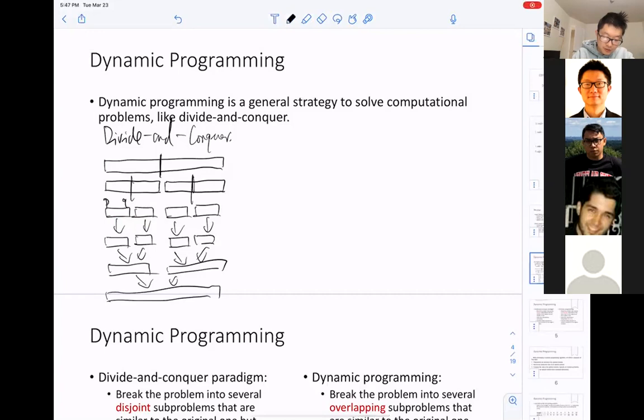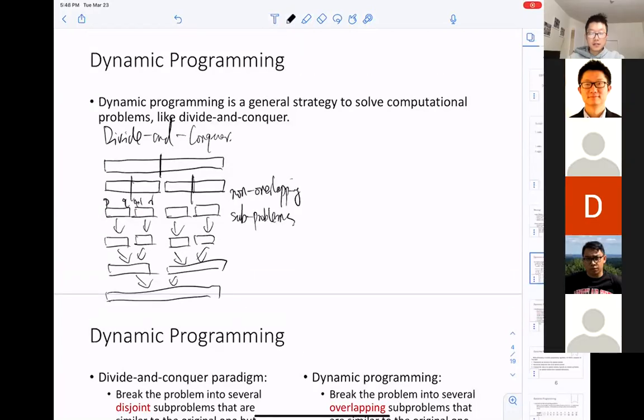So we have P, Q, R. The left array ends at Q, and the right array starts at Q+1 and ends at R. In divide and conquer, we divide a big problem into non-overlapping subproblems.